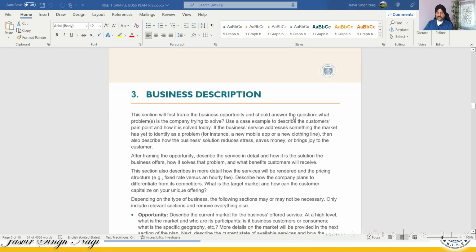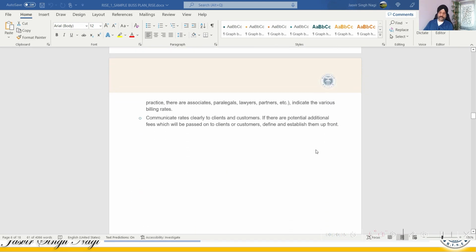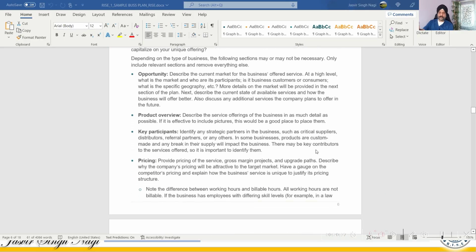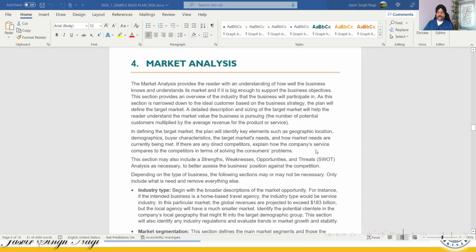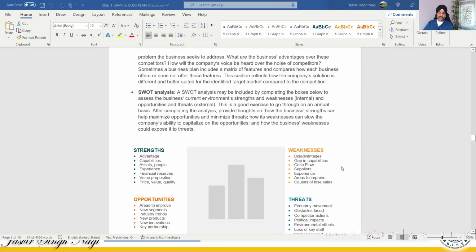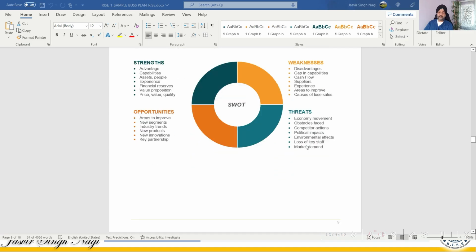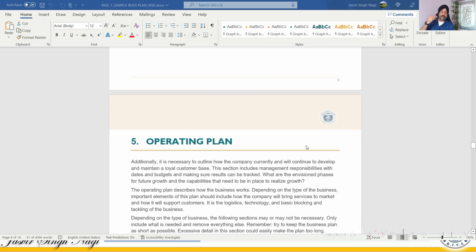Then we go from here to business description, and you describe again the niche and the other factors, and those heads are given, like pricing and opportunity and stuff like that. Then you go to market analysis. We talked about what sort of market size exists, which is the one you do. You can use SWOT for seeing the weaknesses and opportunities which you might address, where the market requires this. By the very fact that what happened to you, there are many people who require this, so they will benefit from this.